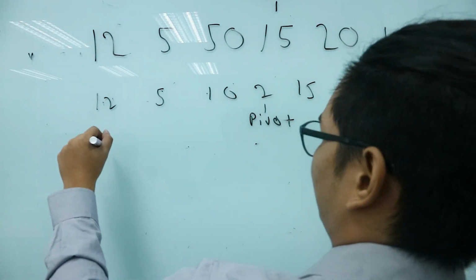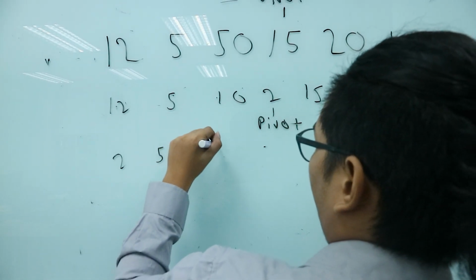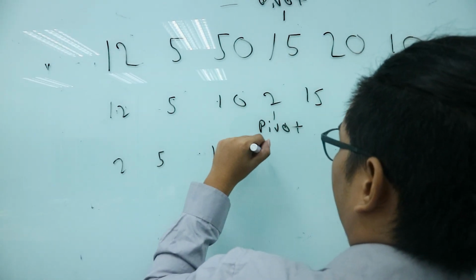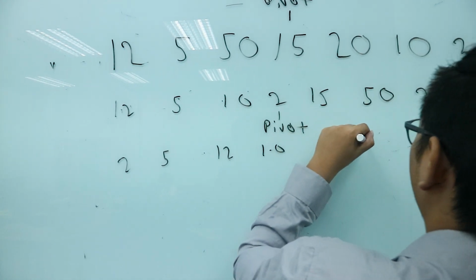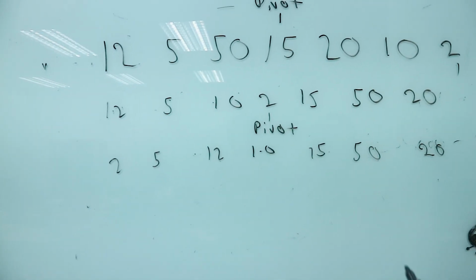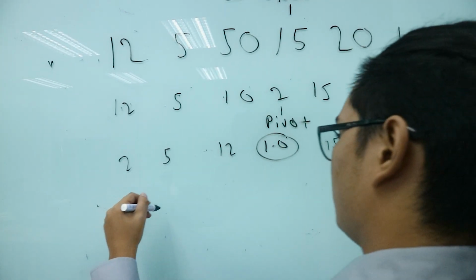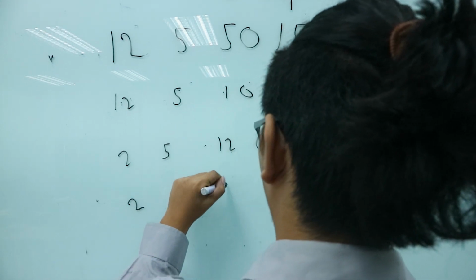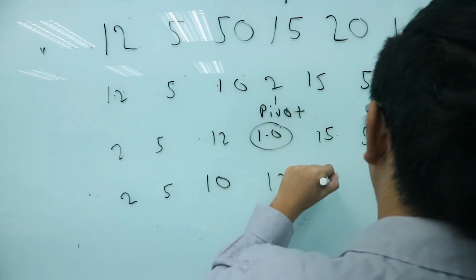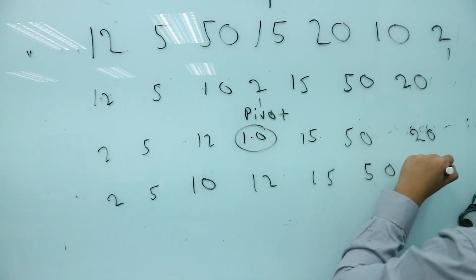In this case, this will be the smallest: 2, 5, 12, 10, 15, 50, and then 20 again. And we need to choose the pivot once more. This one, 10. Then 2, 5, 10, 12, 15, 50, and 20.